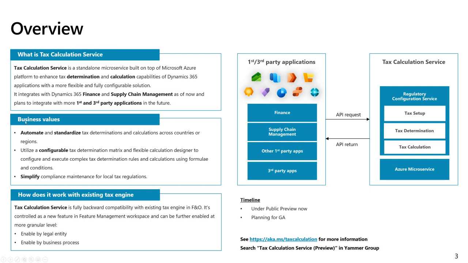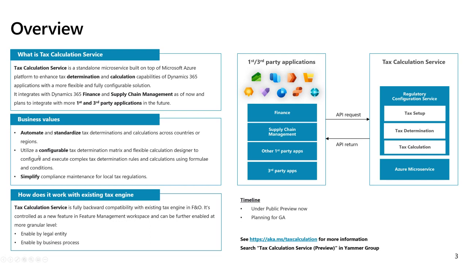And the business value tax calculation service can bring to you is like following. First, it fully automates and standardizes your tax determination process across countries and regions. We have a very powerful engine to determine the correct tax rate for your transactions. We will introduce this capability later. With this enhanced determination mechanism and capability, for your sales order, purchase order, and other transactions, all the tax rate determination will be fully automated.